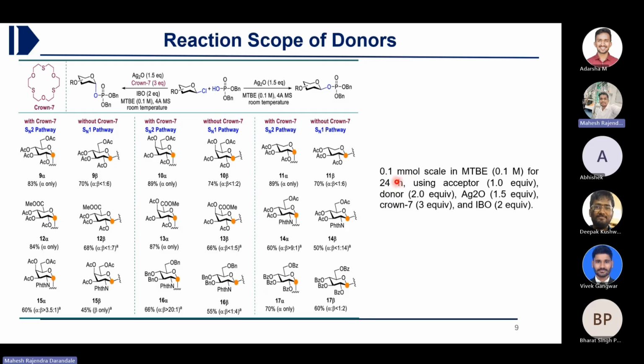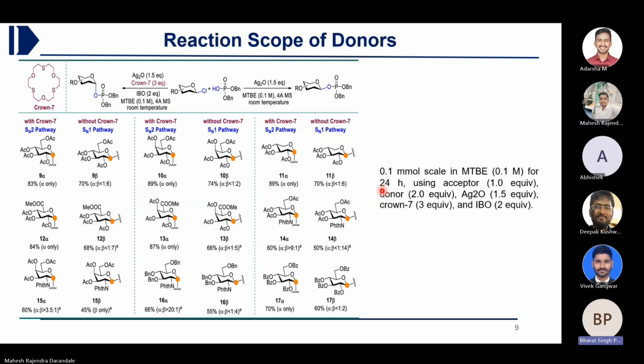I don't know exactly how many times, but they are decreasing the speed of the reaction as well, because it is not activating the chlorine that much. So slowly, slowly this reaction is going on, because the availability of the silver as an electrophile is not that much compared to without the crown ether.